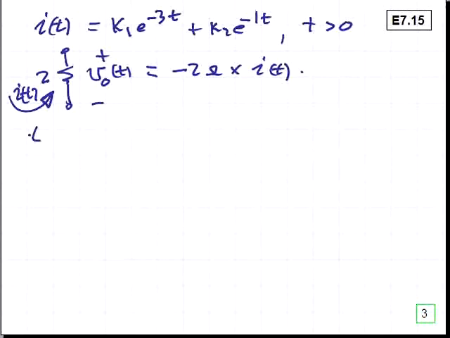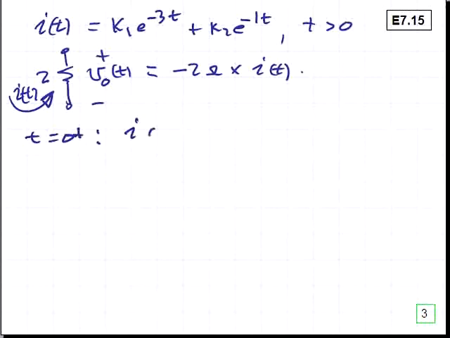Now we can consider a time t equals 0 plus.